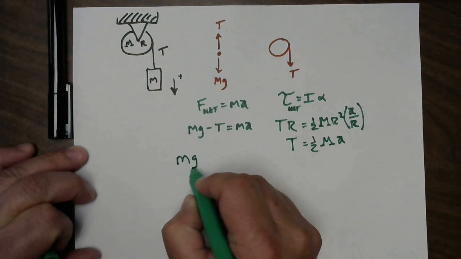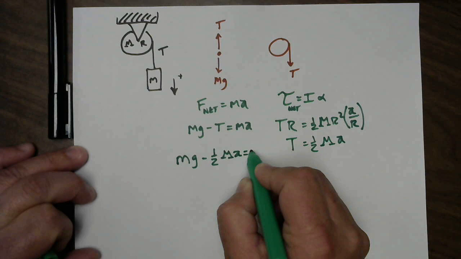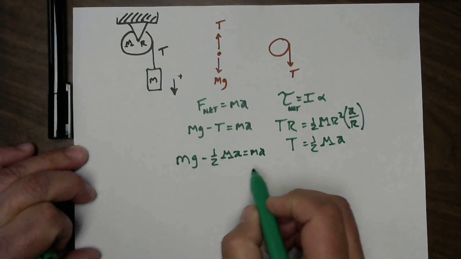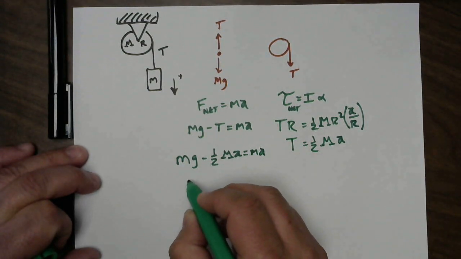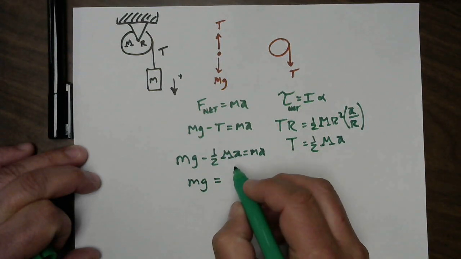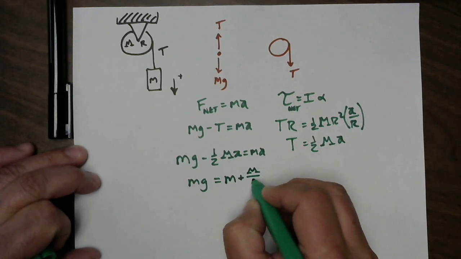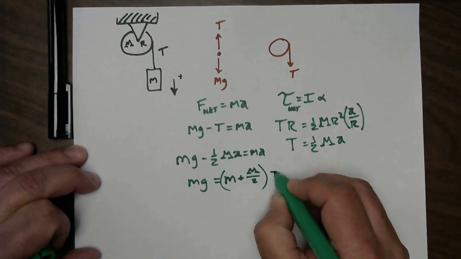So little m times g minus 1/2 of big M times a equals little m times a. Collecting terms, this goes over to the other side, and we're going to have little m times g equals little m plus big M over 2 times a.